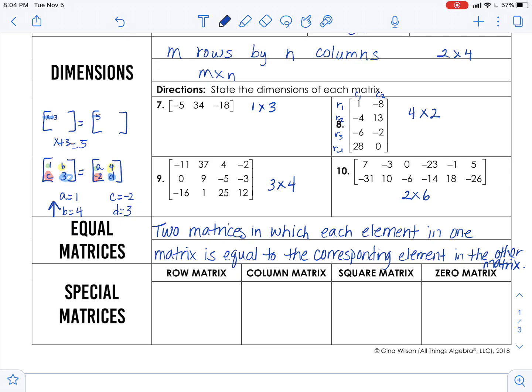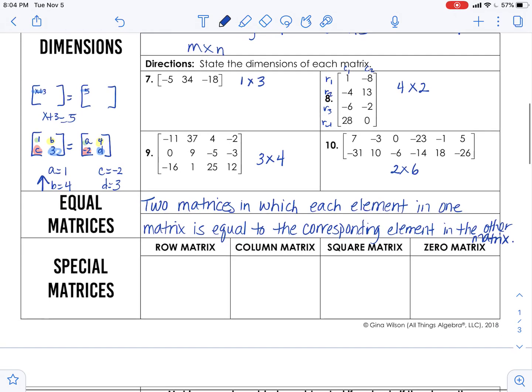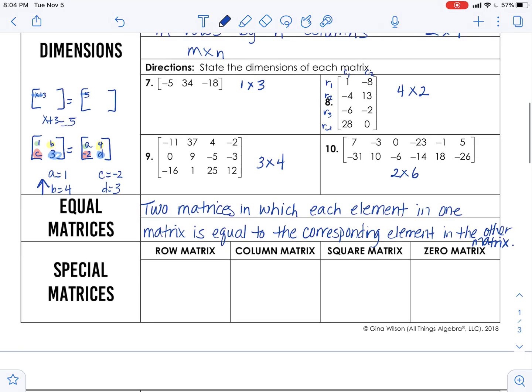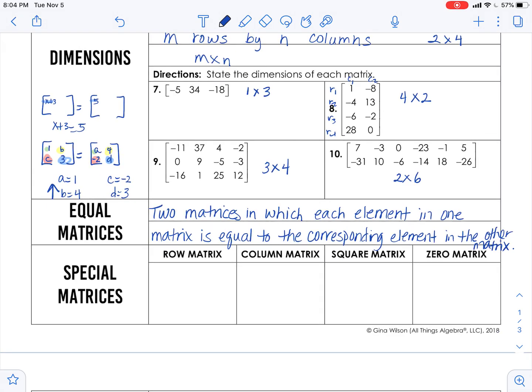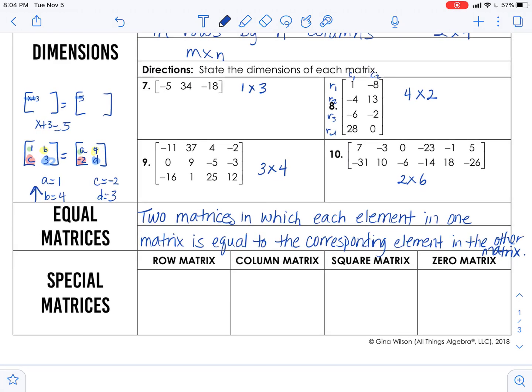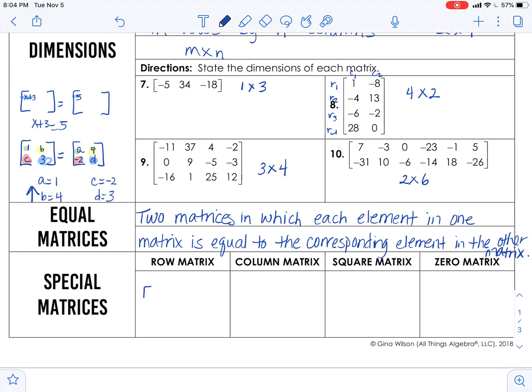Okay, so let's go on then to a few more vocabulary words. So we're going to talk about the special matrices, and some of these are more important as far as memorizing than others. So when we talk about a row matrix, it is simply a matrix that has a single row. So it might be something that looks like A, B, and C. Okay, it just has a single row.